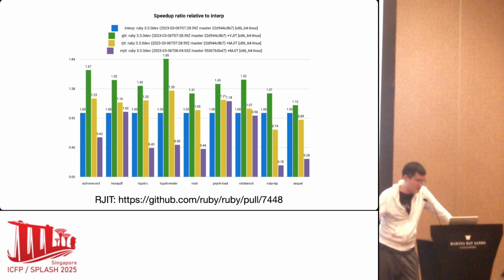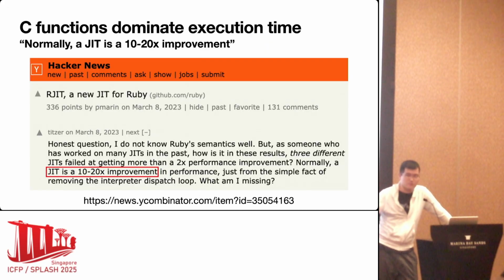This is a set of benchmarks representative of real-world use cases of Ruby, which is popular for web application processing, so these are web-related benchmarks. In all of these, none of the existing Ruby JITs achieved twice as fast as the interpreter. There was a comment from Ben that said a JIT should generally give 10 or 2 times faster than the interpreter, but it wasn't achieving that performance.